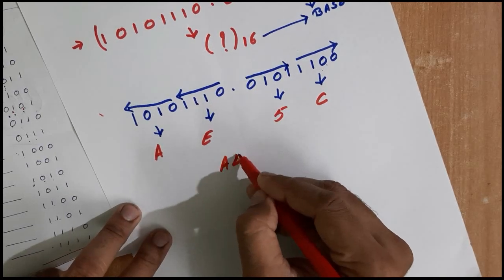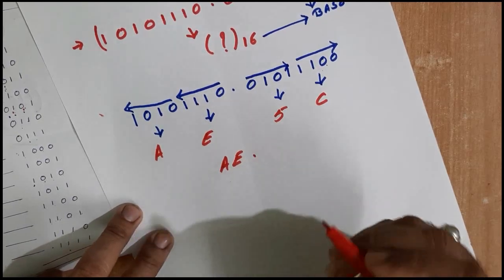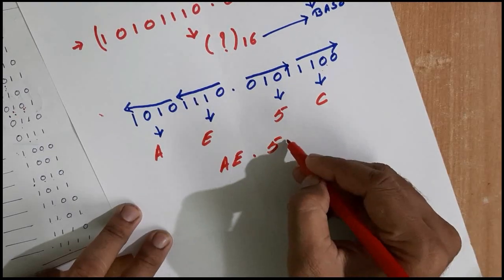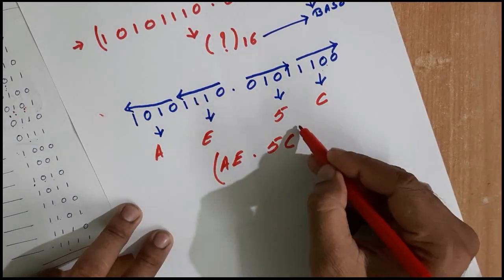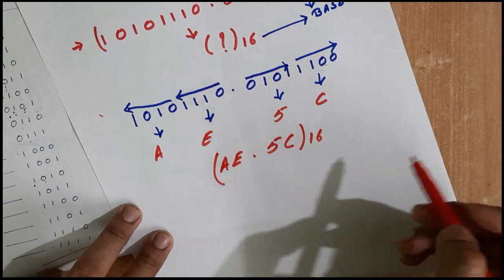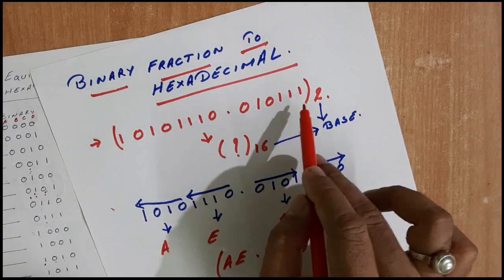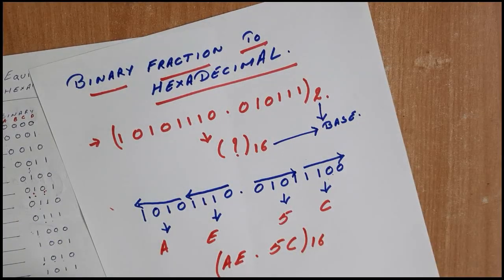A E point 5 C is my hexadecimal number of the given binary number, students.